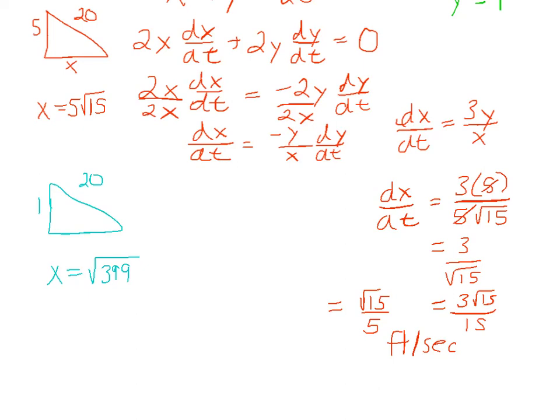So dx/dt equals 3 times 1 over the square root of 399. And since these numbers are kind of funky, we'll use a calculator to figure that out. So we get 0.150 feet per second.